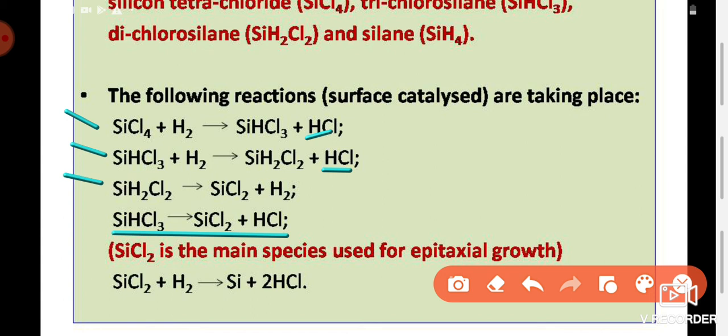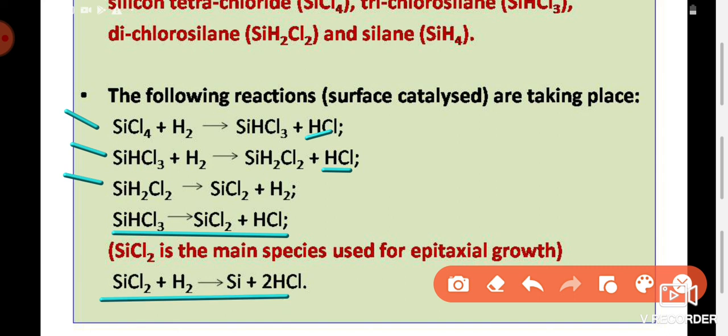Now SiCl2, because hydrogen is present inside the reactor, will further react with hydrogen gas and finally gives us Si, that is silicon, plus 2HCl, that is hydrochloric acid in gaseous or vapor form.